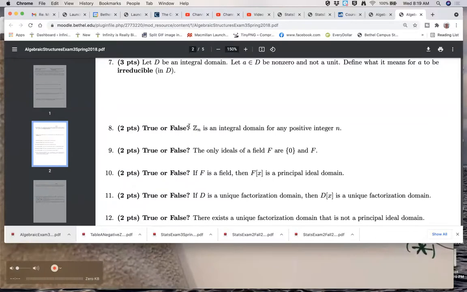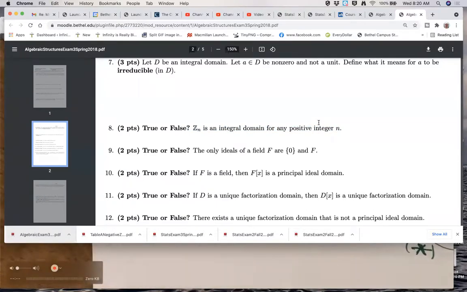Remember this one? Is Z_n an integral domain for any positive integer n? It's certainly a field if and only if n is prime. Do you remember? Think maybe Z4. Does Z4 have any zero divisors?